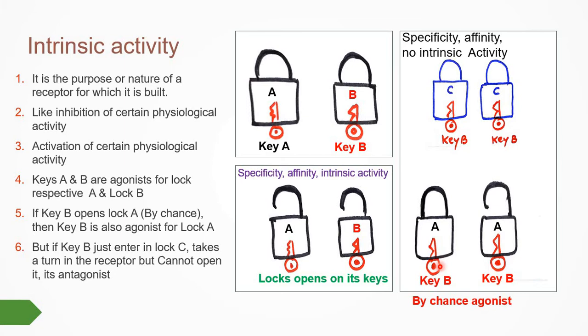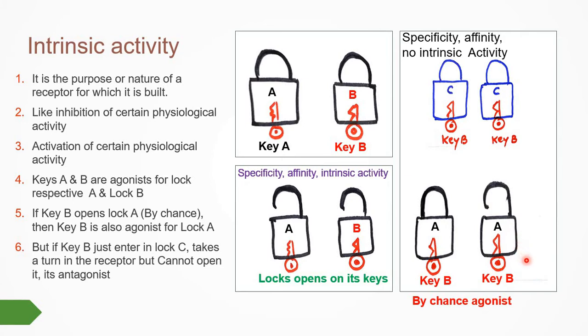Now, for understanding, I change this: the key of lock B is now put on lock A. Sometimes it is inserted, and once you turn it around, sometimes it opens. So here this is the key of another lock, lock B, and it is going to open another lock, lock A, by chance.